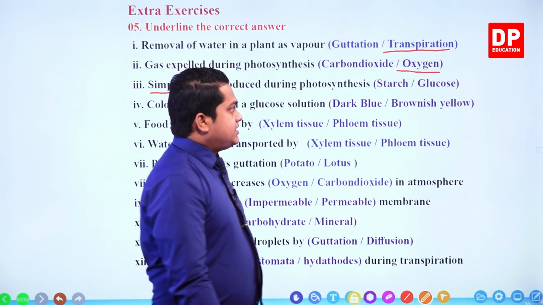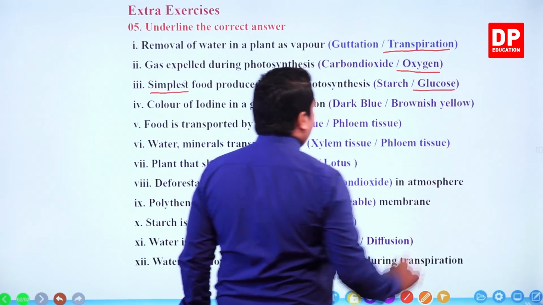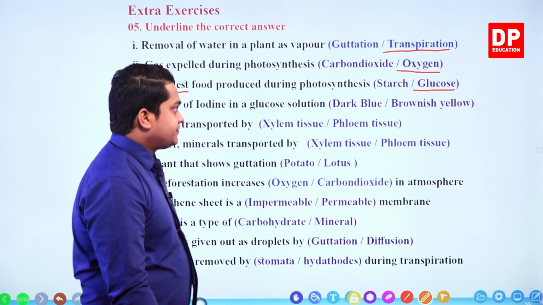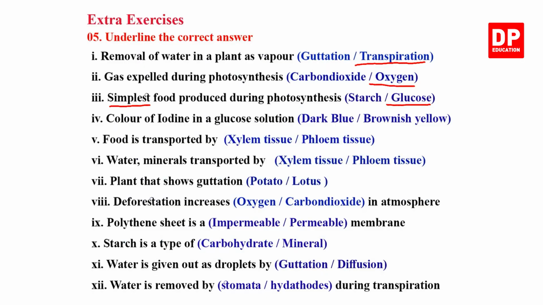Next one. Color of iodine in a glucose solution. Now my dear children, they are asking about a glucose solution. So check the answers very carefully. Check the questions very carefully.